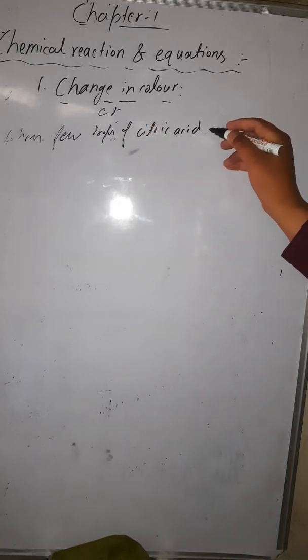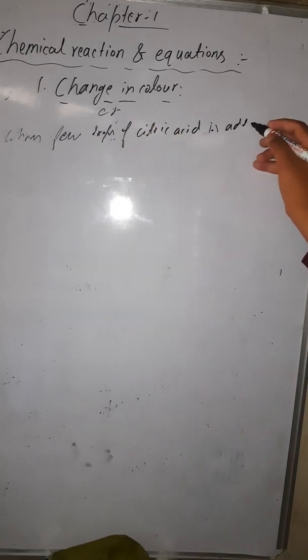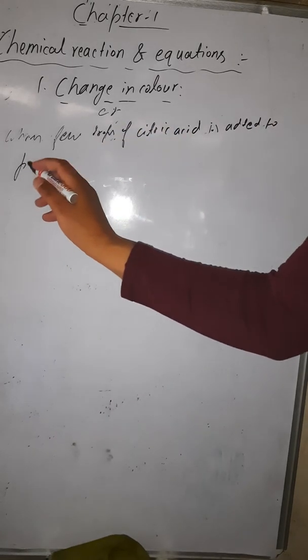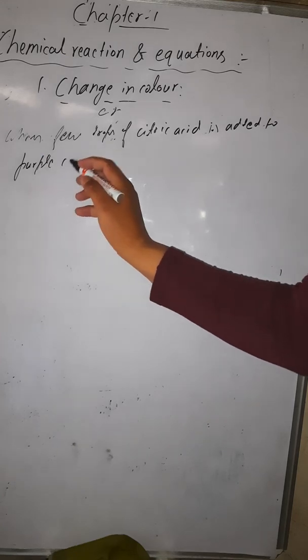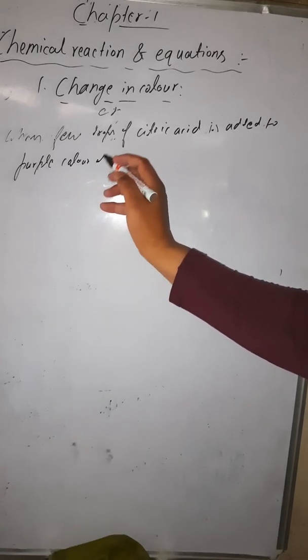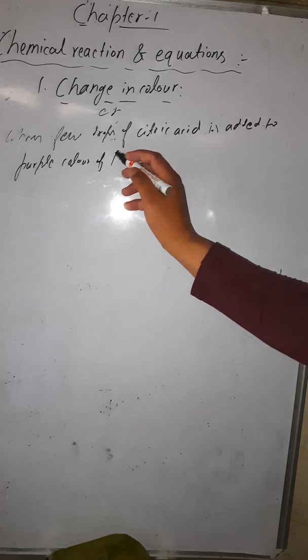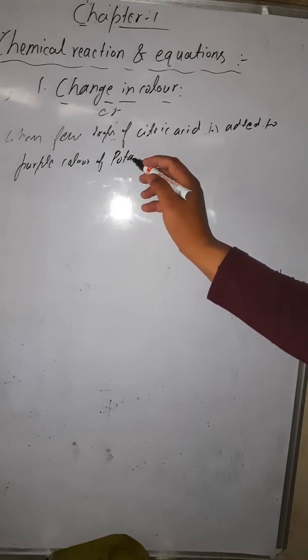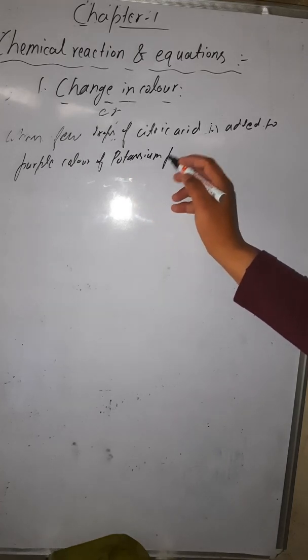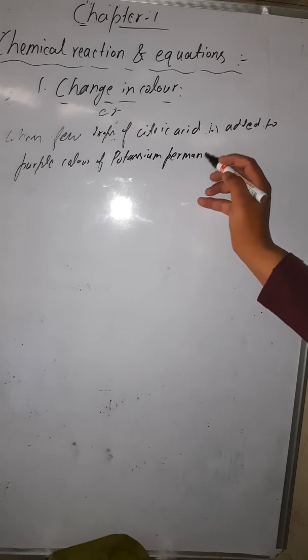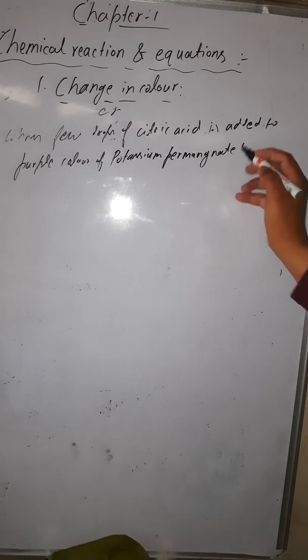So when a few drops of citric acid are added to the purple color of potassium permanganate, whose chemical formula is KMnO4, you have to learn this.